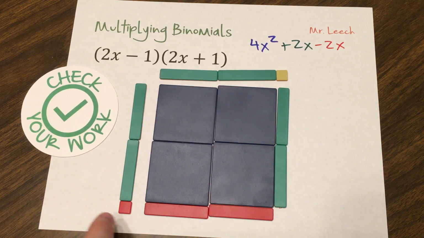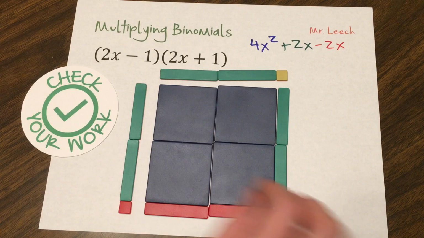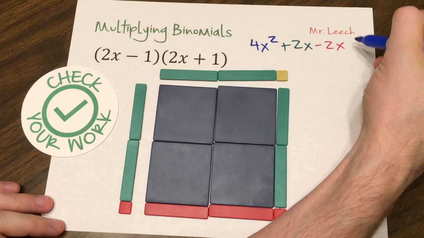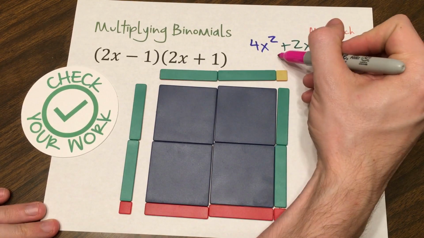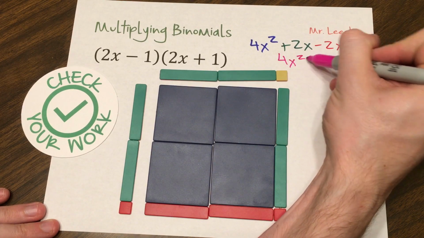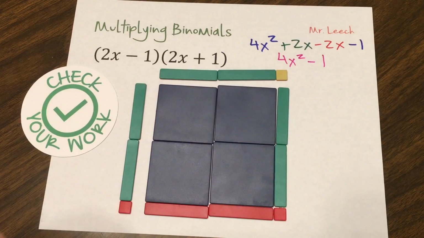And then lastly, of course, a negative times a positive is a negative, so we have a negative 1. But what happens to those middle terms? They cancel out. They cancel to 0. So we end up with 4x squared minus 1.